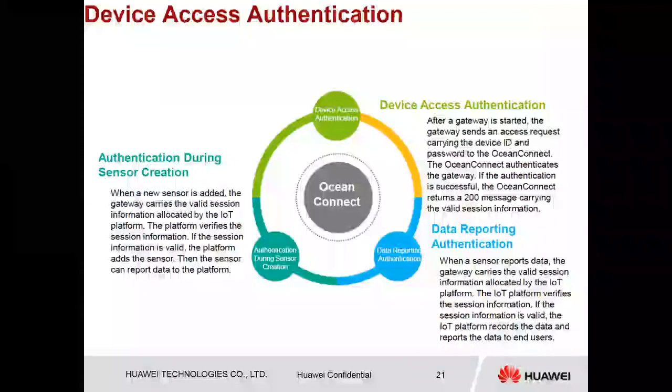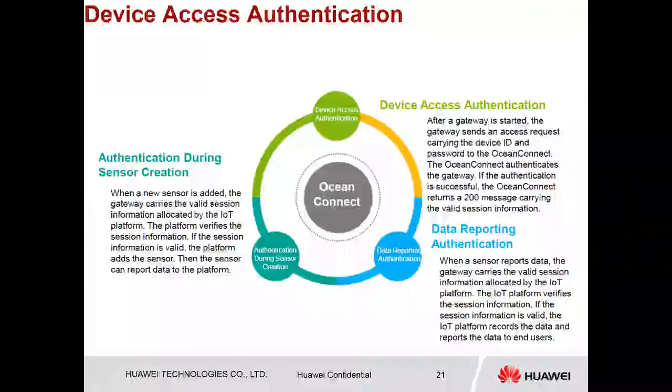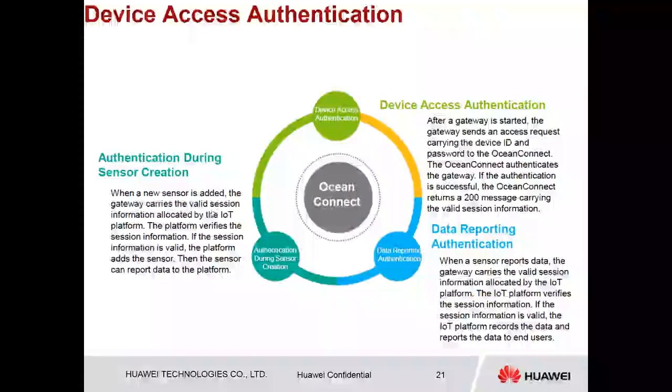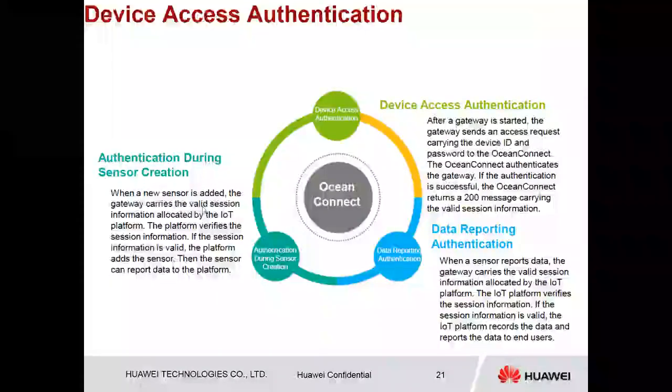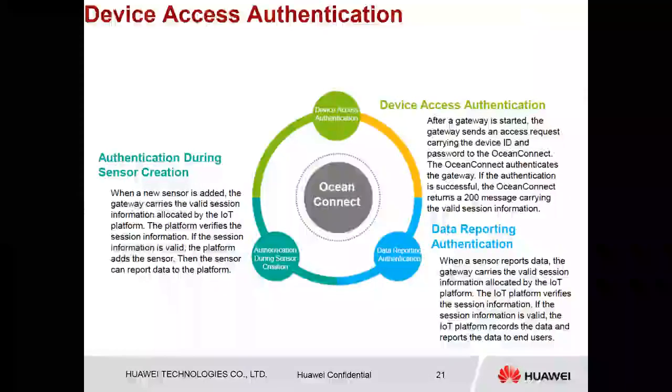Just like a phone number: when we register this phone number, we need to create it on our gateway, and then this IP phone can register with this phone number. So when we create this sensor, it will automatically generate some ID or secret for the authentication.